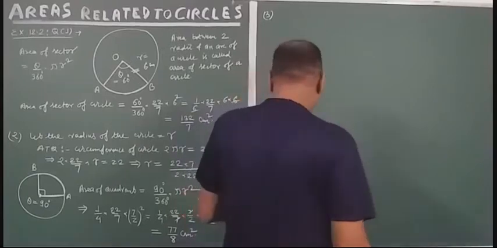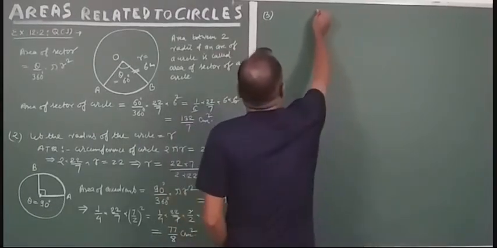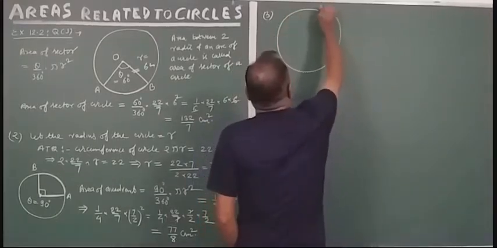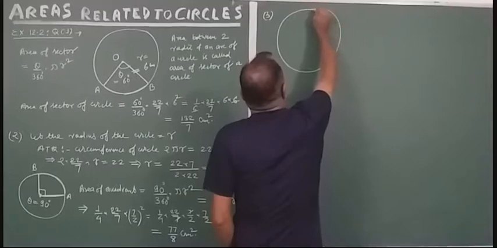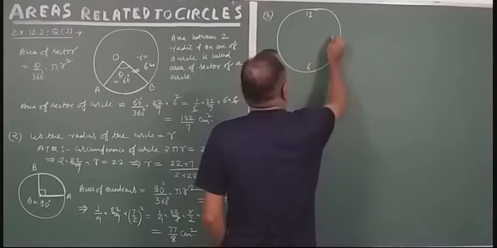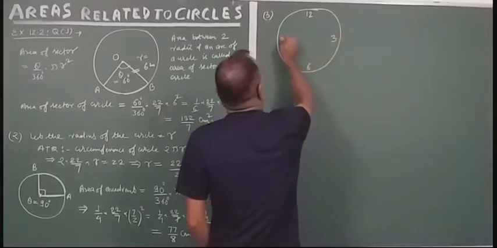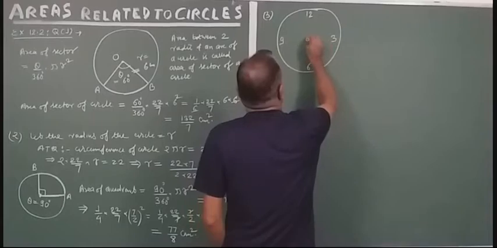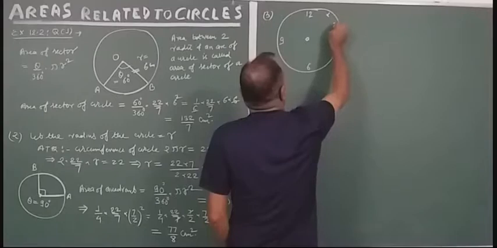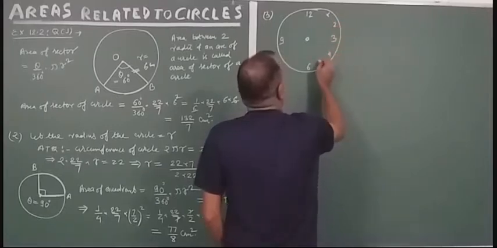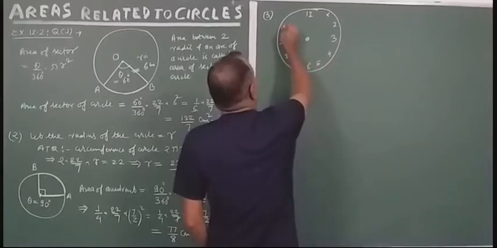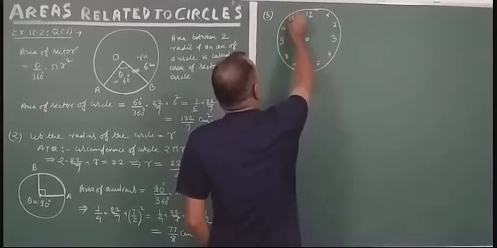Okay, you are given this clock. This is 1, this is 2, 3, 4, 5, 6, 7, 8, 9, 10, 11 and 12. Okay.